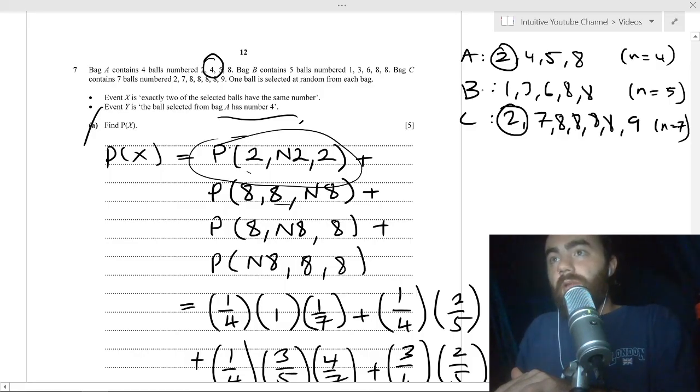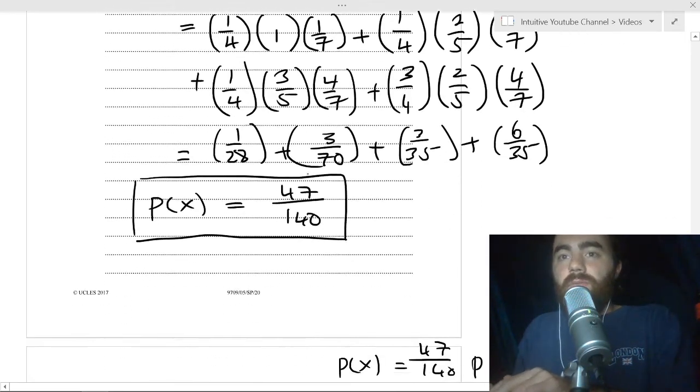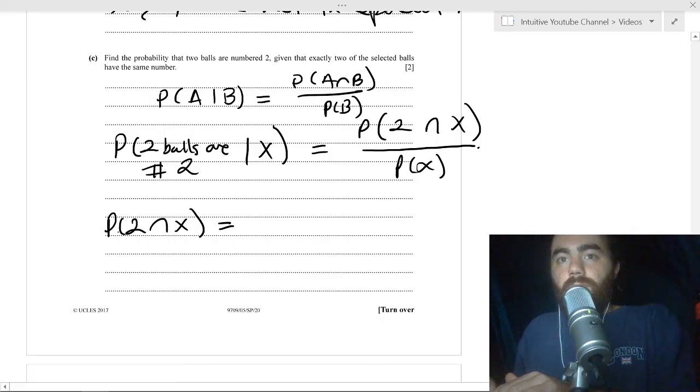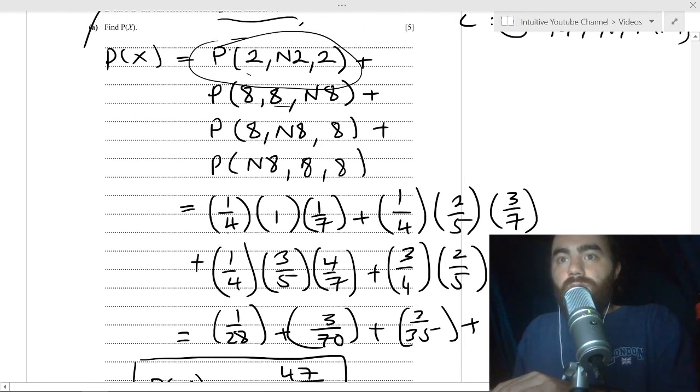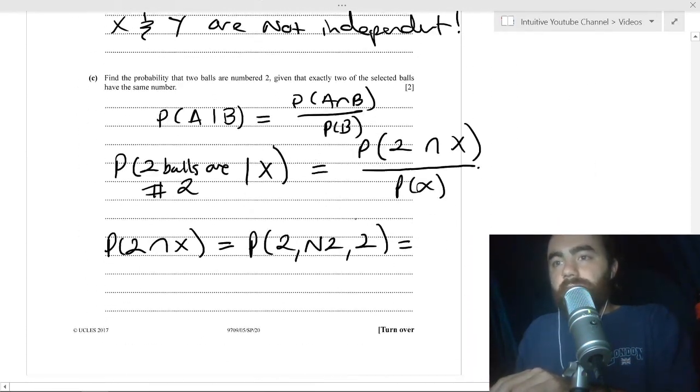If you pick a 2 from bag A, and then not a 2 from bag B, obviously, and then a 2 from bag C, this is going to be the only case where you pick 2 balls which are numbered 2, and you have exactly 2 of the balls that have the same number. So this is the same as the probability of 2 and 2, which we found above, which was 1 over 28.